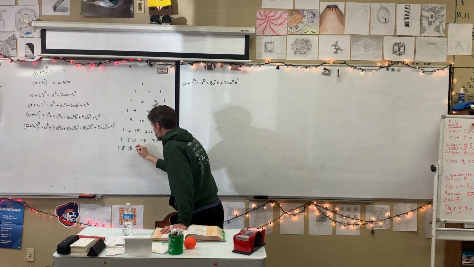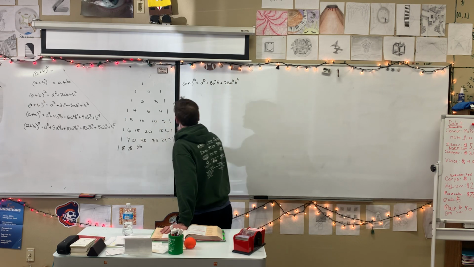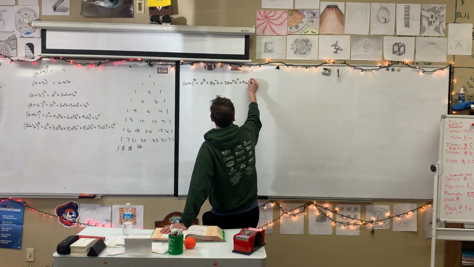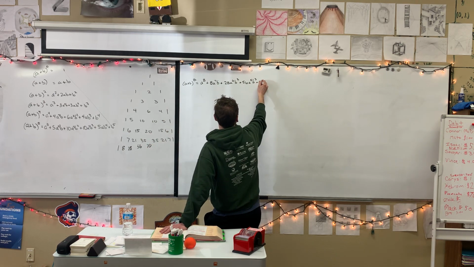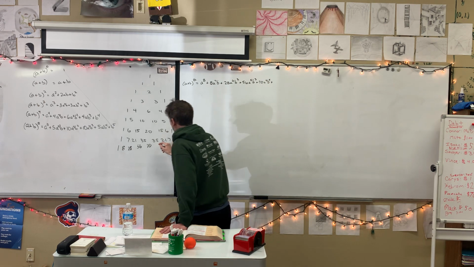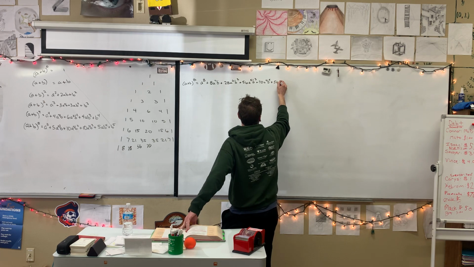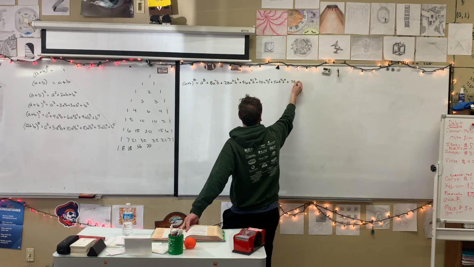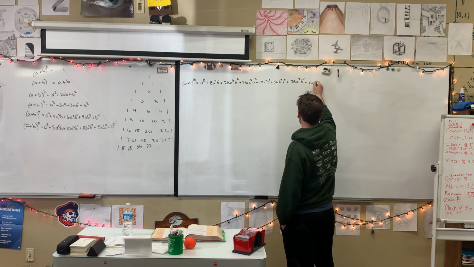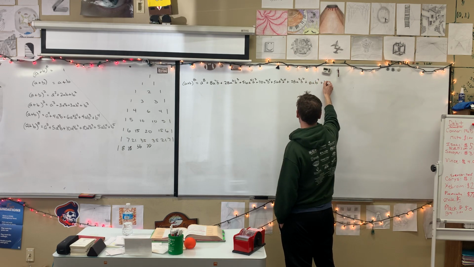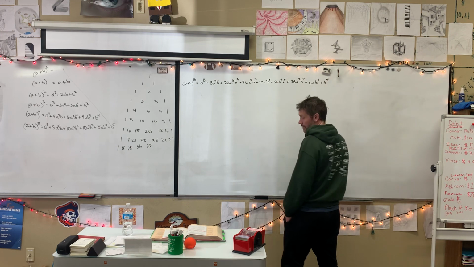Plus 56, a to the 5th, b to the 3rd, plus 56. 70, a to the 4, b to the 4, plus 56, a to the 3, b to the 5, plus 28, a to the 2, b to the 6, plus 8, a, b to the 7, plus b to the 8th.